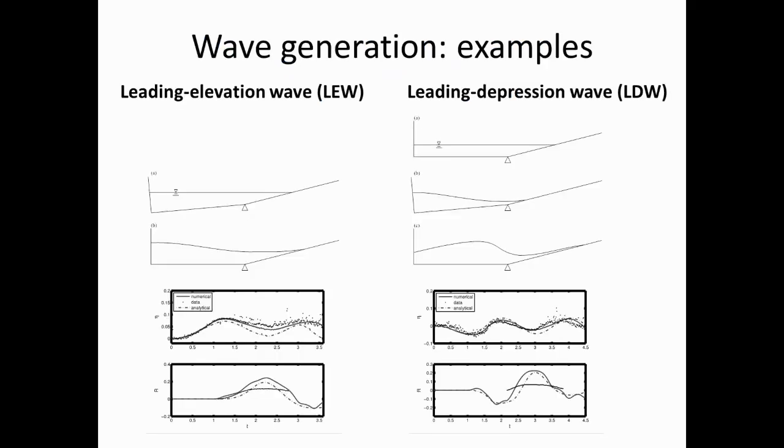So, the simplest possible waves. I move the bottom from an initial negative displacement to the flat position, which will make a positive wave, or I start from the flat position, move it down, and move it up to make a wave led by a trough. It has a name: leading depression wave.